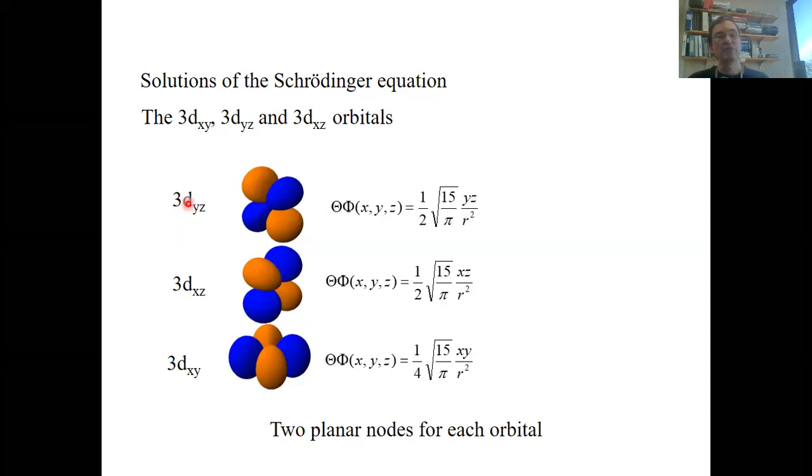And for the 3dyz, we have also 4 lobes, but it's just that the orbital is oriented differently. So now the lobes are actually located in between the y-axis and the z-axis.